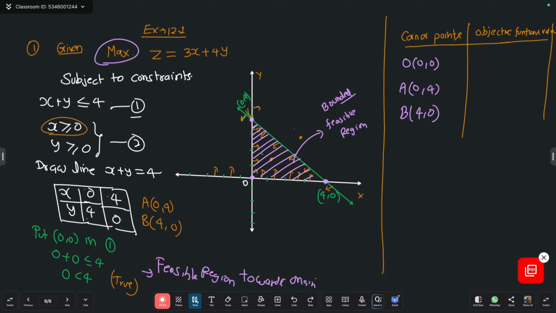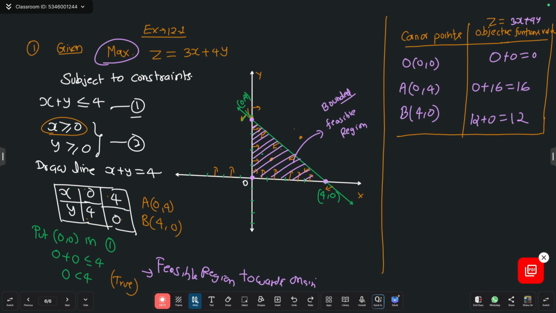Now put in the objective function z equals 3x plus 4y. When you put x value 0, y value 0 in the objective function, it is 0 plus 0 equals 0. When you put x 0, y 4, you get 3 into 0 plus 4 into 4, which is 16. And then put (4, 0): 3 into 4 is 12, 12 plus 0 is 12. Your task is to maximize the function.